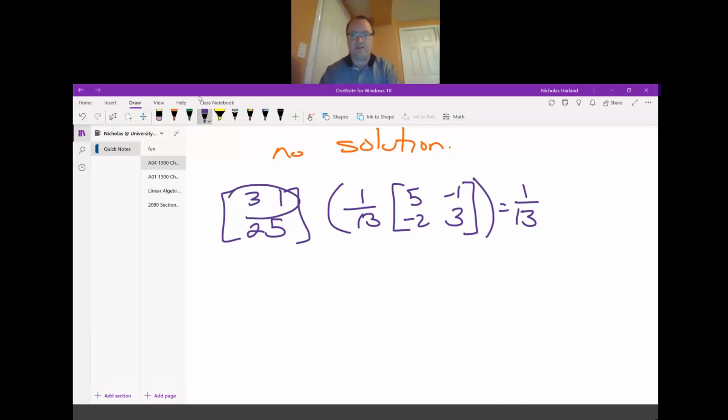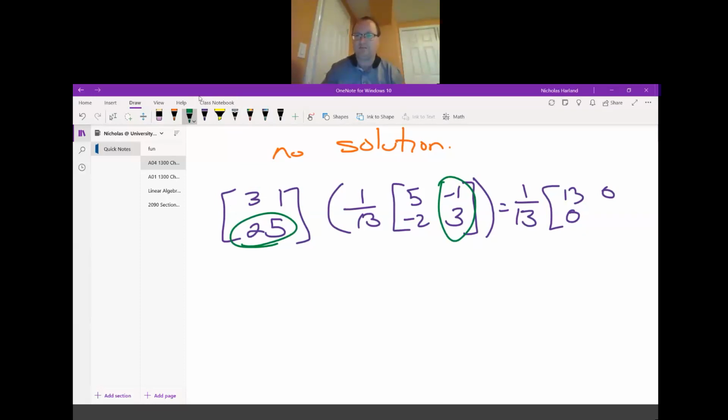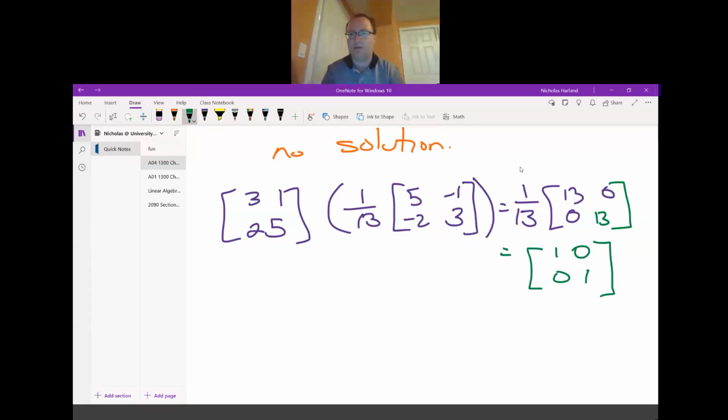So 3, 1 times 5, negative 2 is 13. 3, 1 times negative 1, 3 is 0. 2, 5 times 5, negative 2 is 10 minus 10, which is 0. And 2, 5 times negative 1, 3 is negative 2 plus 15, which is 13. And so we get 1, 0, 0, 1.